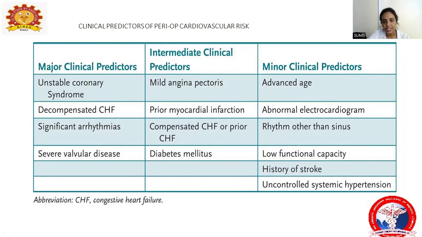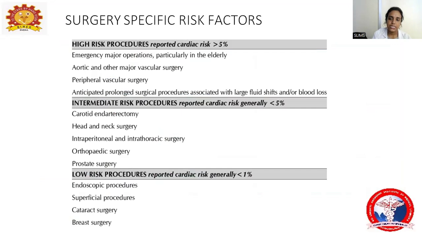Intermediate clinical predictors would be mild angina pectoris, prior myocardial infarction, compensated or prior congestive heart failure, and diabetes. Minor clinical predictors would be advanced age, abnormal ECG, rhythm other than sinus rhythm, low functional capacity, history of stroke, and uncontrolled systemic hypertension.